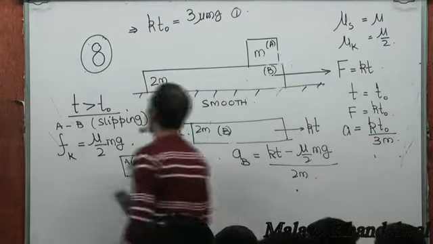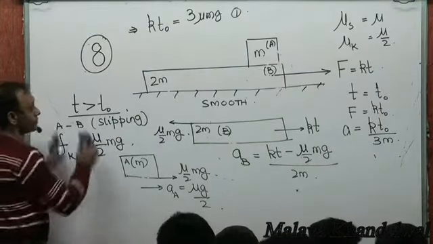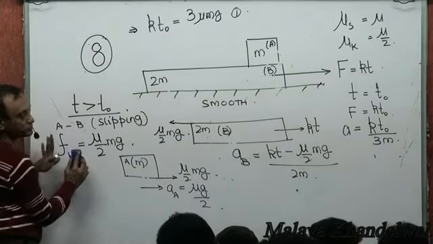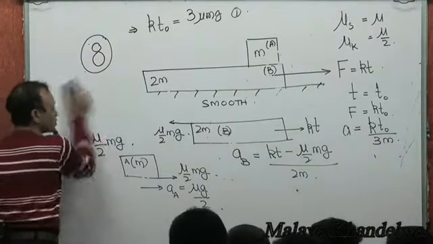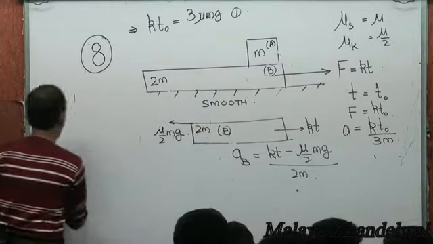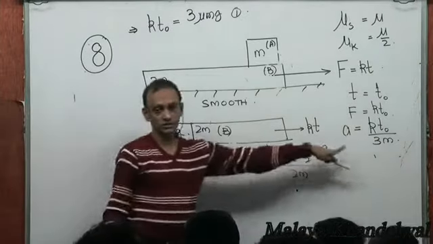Now, can I remove this clutter? So the acceleration of A is mu g by 2 to the right. The acceleration of B is this.